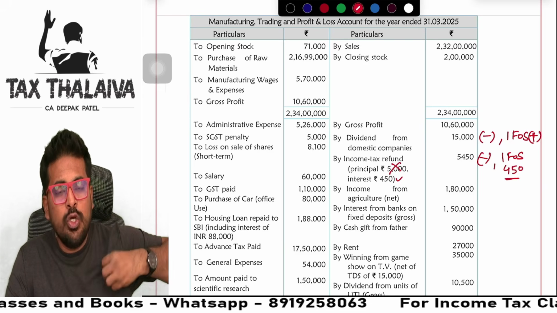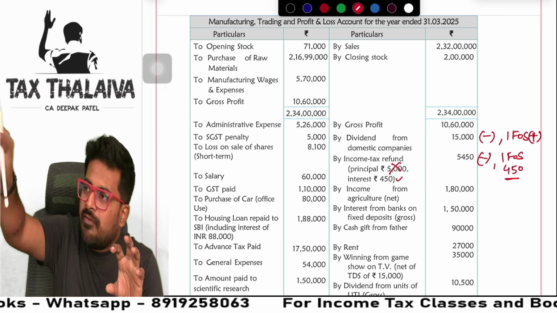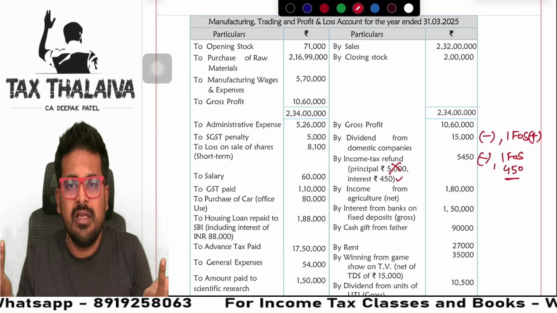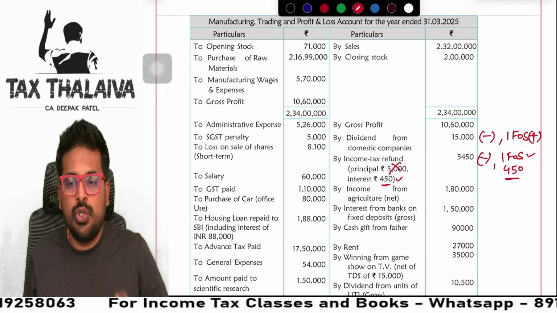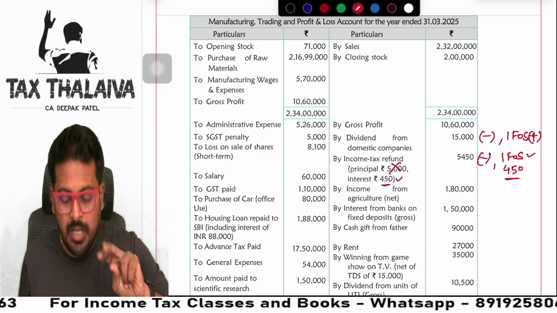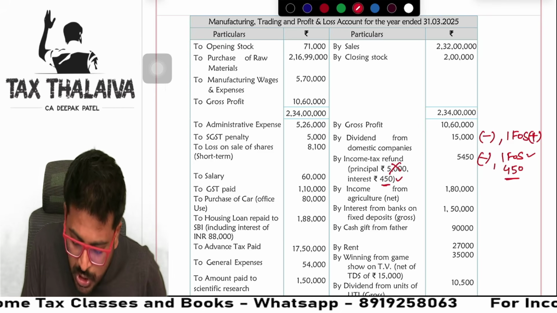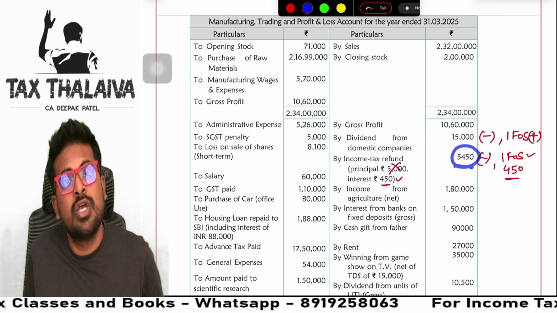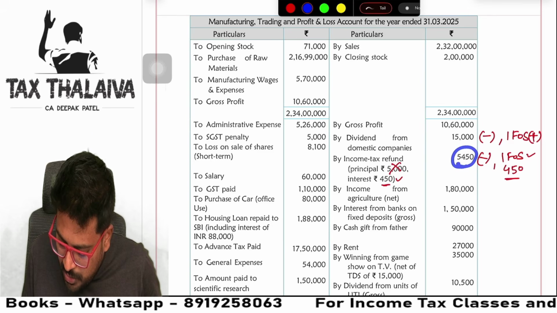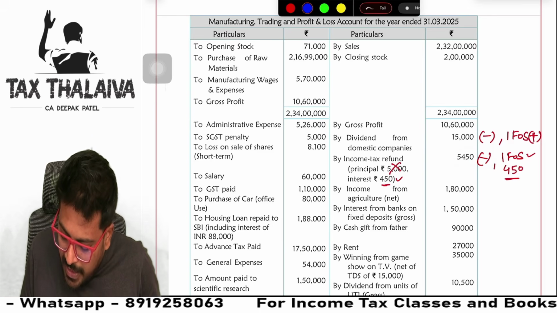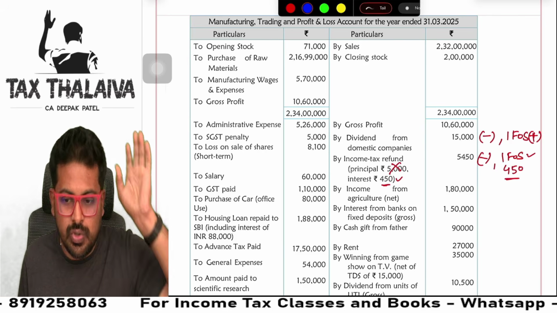From your pocket, you paid excess income tax to the government of 5,000 rupees. The government is giving you back that 5,000 rupees. Where is the income? The income is only interest. So why under IFOS did you only add 450 rupees? But here we are reducing 5,450 in the PGBP head because you considered 5,450 as total income of the PGBP head, which is wrong. So 5,450 will be reduced from PGBP and under IFOS we will be adding only 450 rupees under income from other sources, guys.